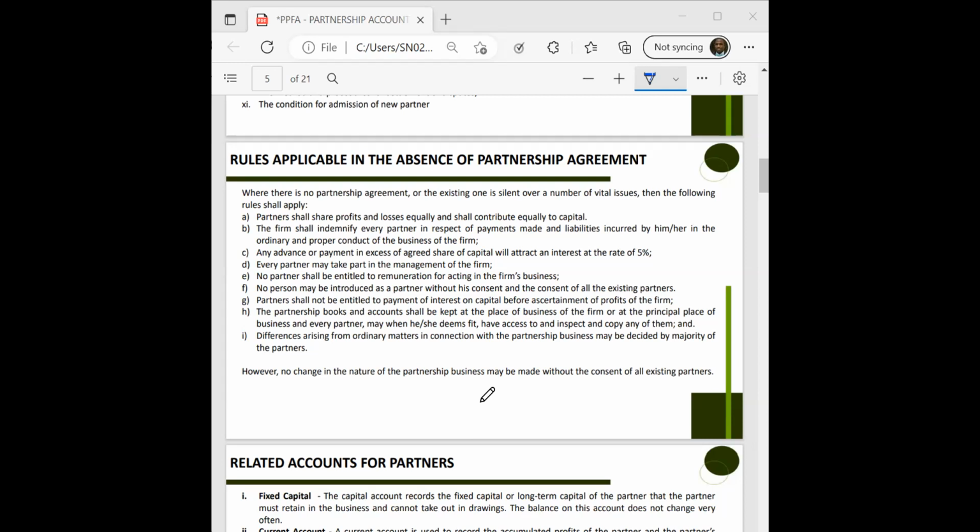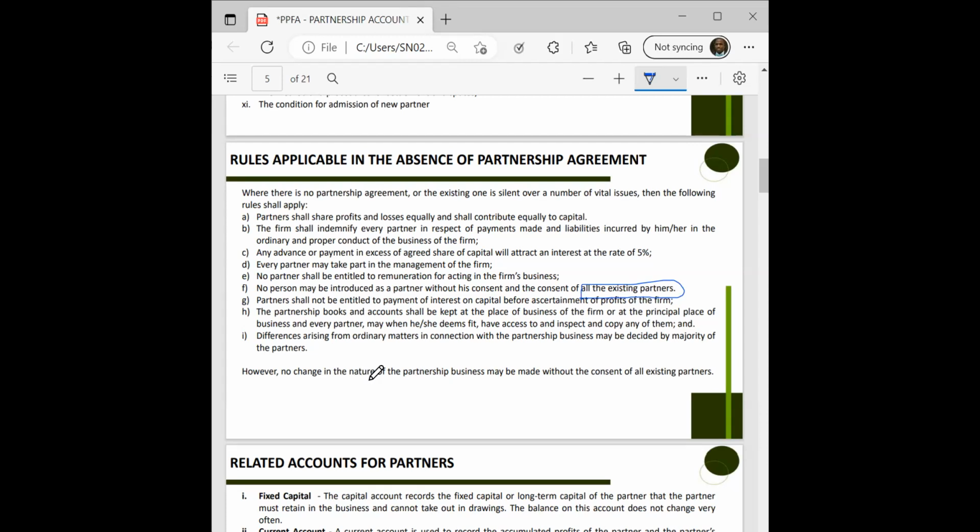However, no change in the nature of the partnership business may be made without the consent of all existing partners. It was even said here, no person shall be introduced as a partner without his consent and the consent of all existing partners. This one has nothing to do with majority; it is all the partners that would make this decision.